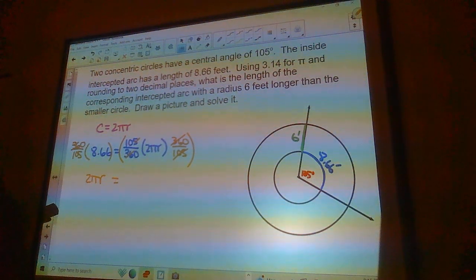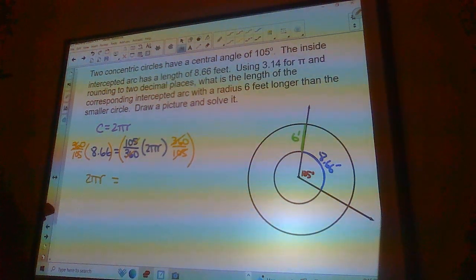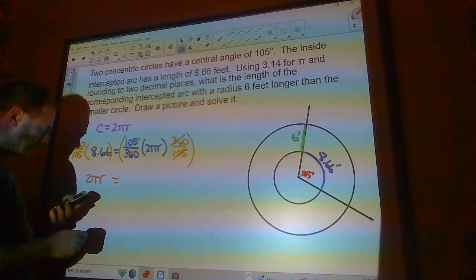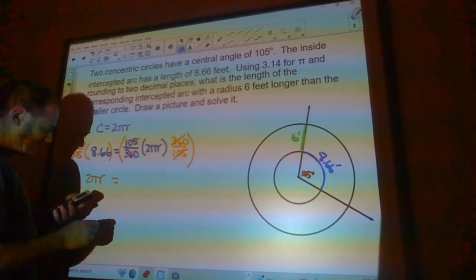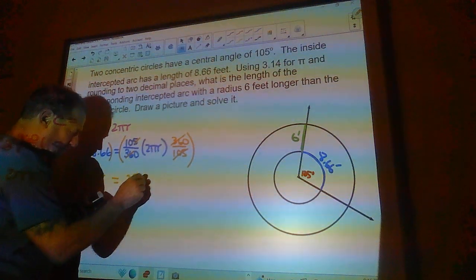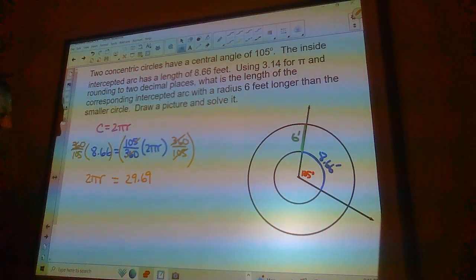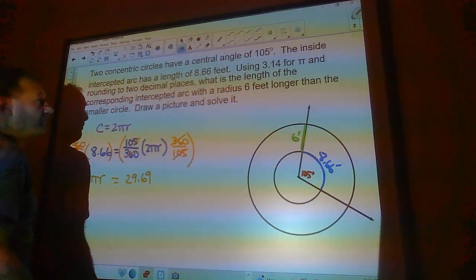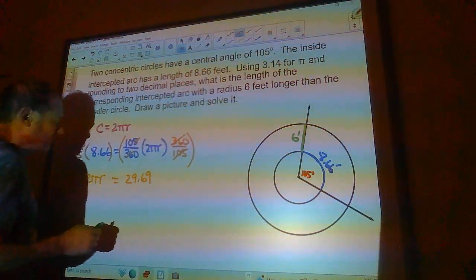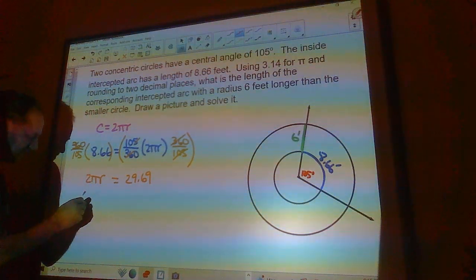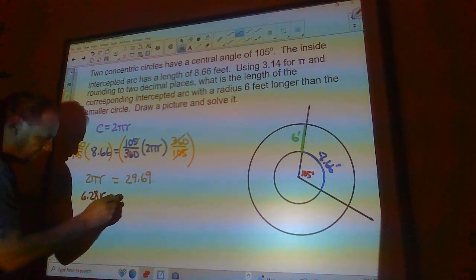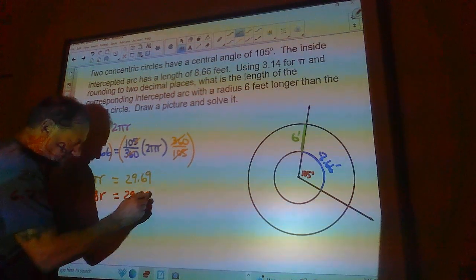All right, 8.66 times 360 divided by 105. So this comes out to be 29.69 and some change. All right, now it said to use 3.14 for pi. So that means that this is going to be 6.28 r is going to equal 29.69.